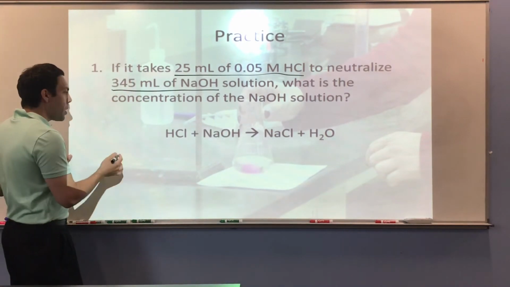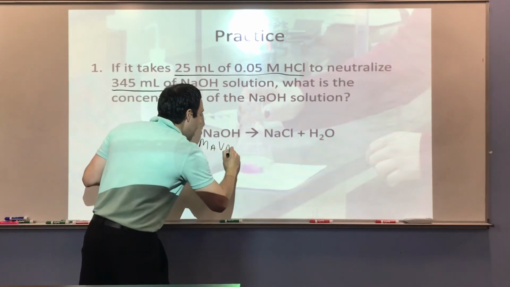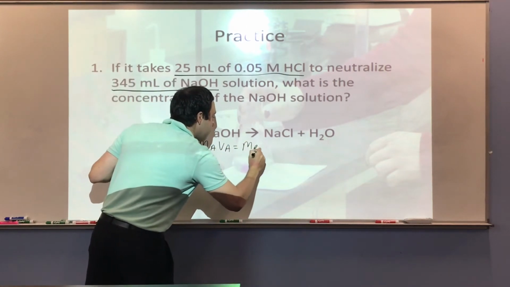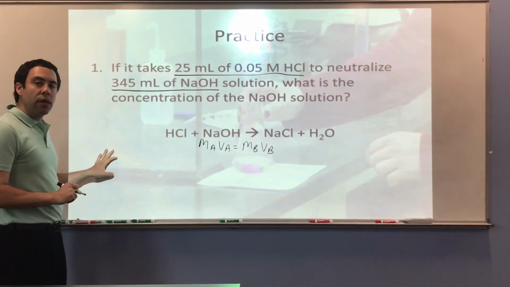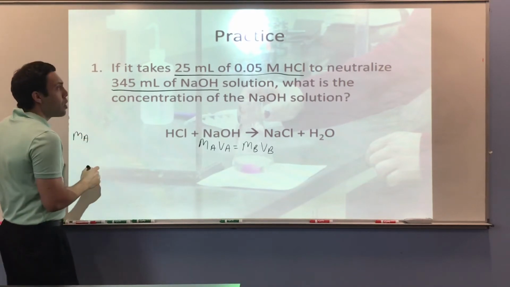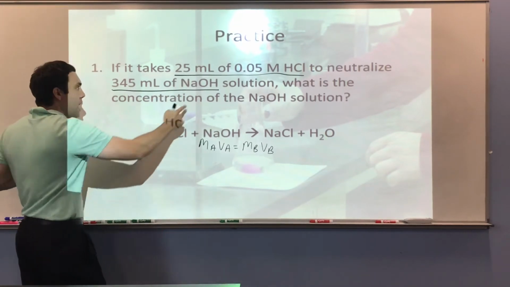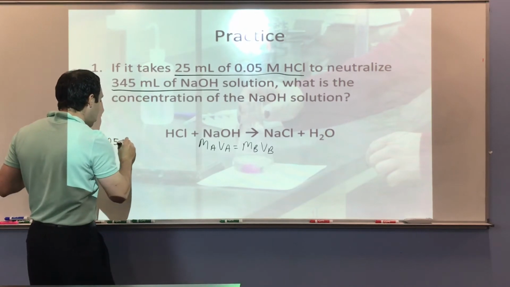First thing we do is let's write our formula. Ma times Va equals Mb times Vb. Then we write our known and unknown values. Ma, we have HCl, so the molarity of the acid is 0.05 molar.